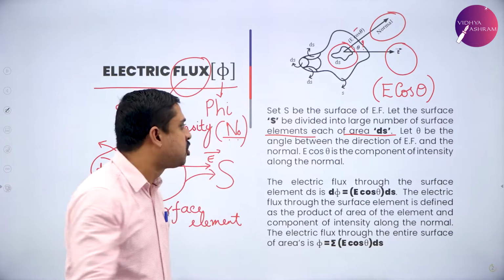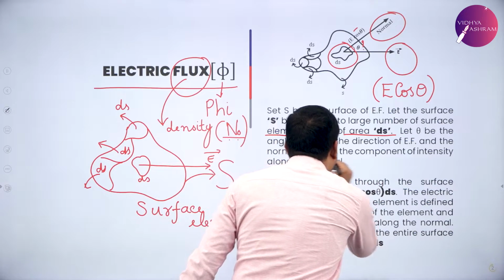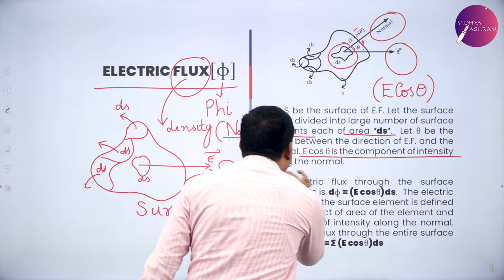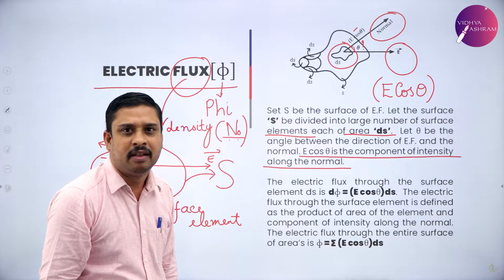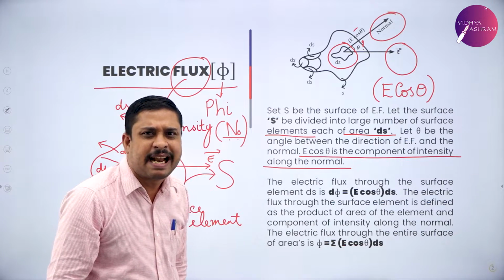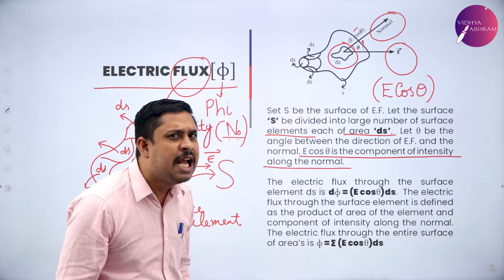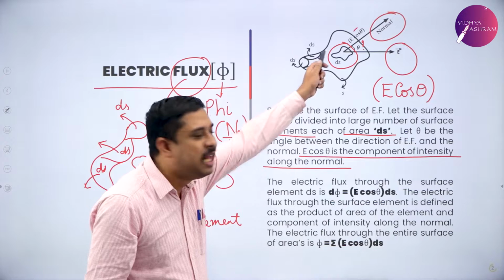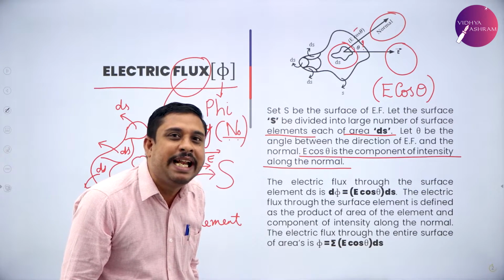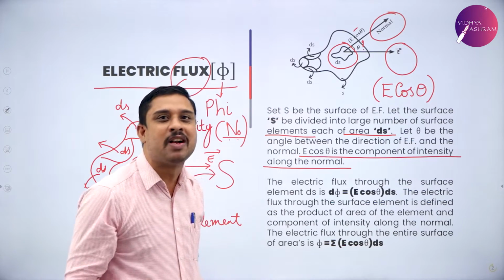As the description says, it is the component of intensity along the normal. Electric field strength we also call electric intensity. The normal is also treated as horizontal.